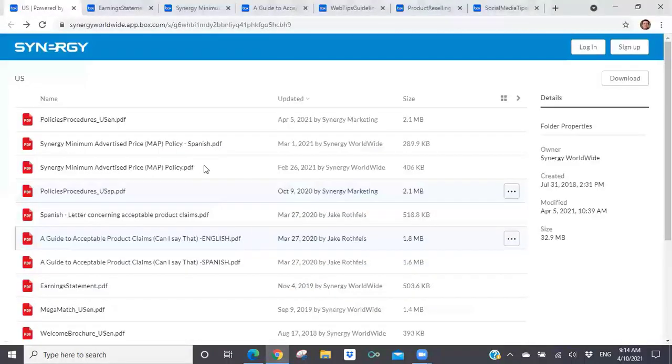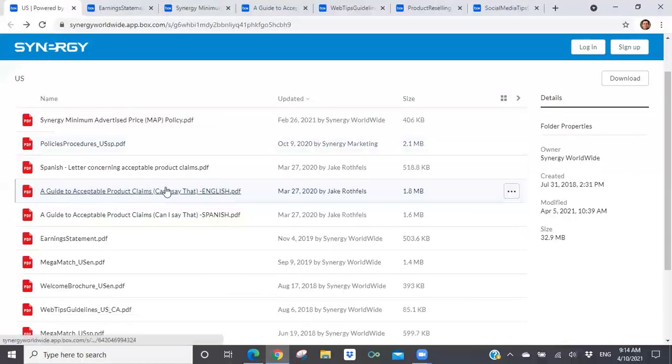So this is the master area where you can find a lot of great information on things that you can and cannot do or say in Synergy Worldwide. And you'll notice that this is both in English, like policies and procedures, as well as in Spanish. Synergy's minimum advertising price (MAP) policy is in both Spanish as well as English. So all of these things are in Spanish as well as in English.